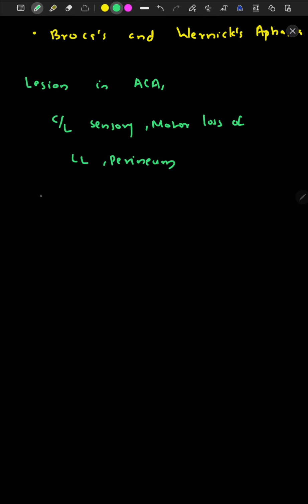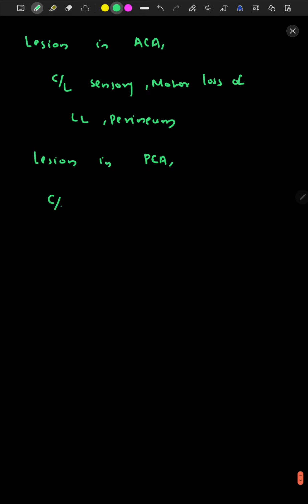If there is a lesion in the posterior cerebral artery, there will be contralateral homonymous hemianopia with macular sparing.